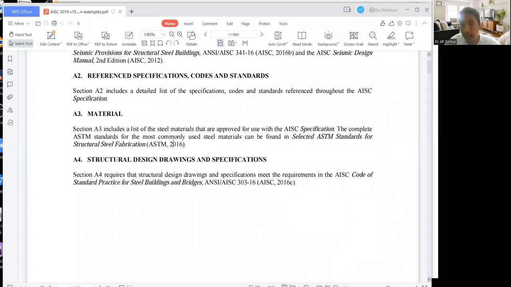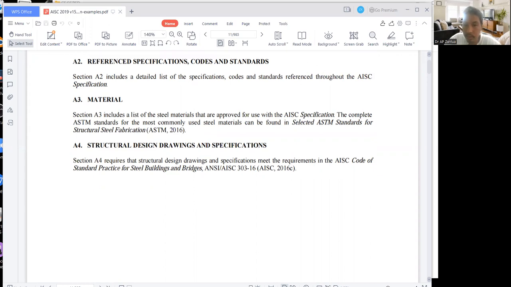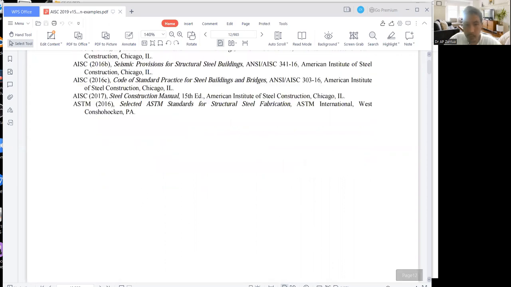So when we say design, it is composed of design drawings, plans, specification, and the computation, including the computation. Okay, so let us proceed to the next.